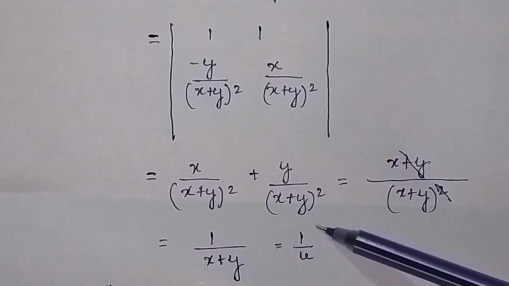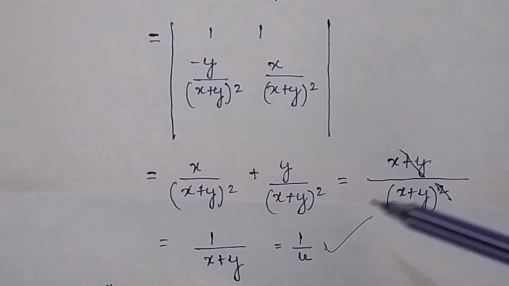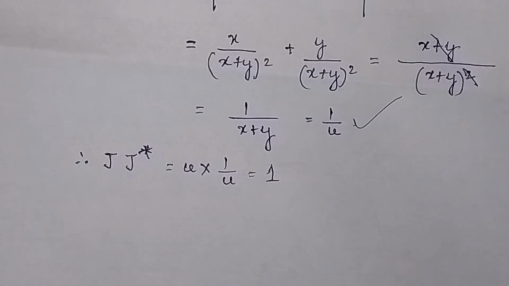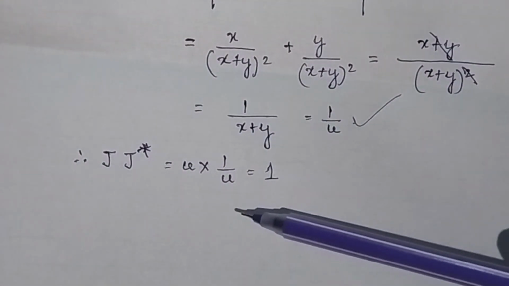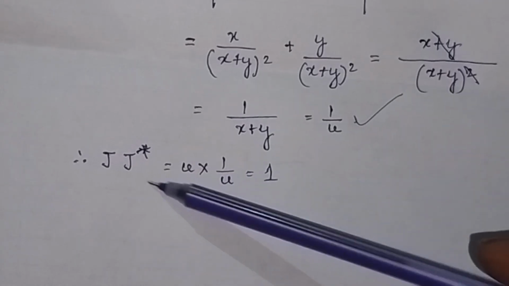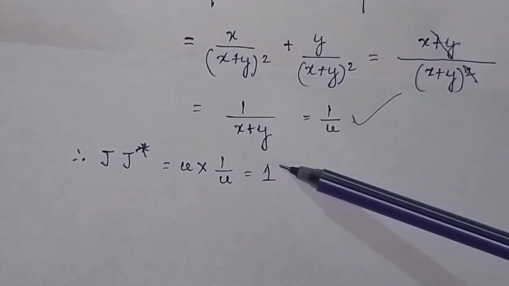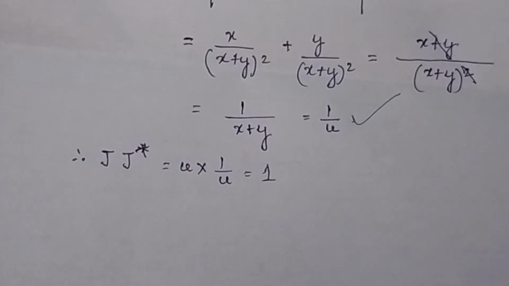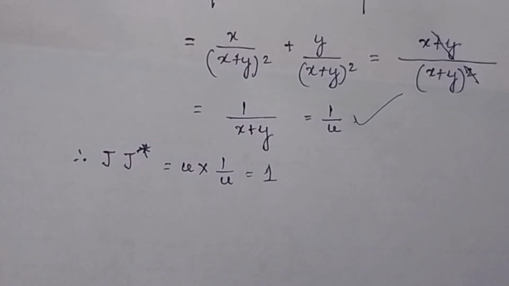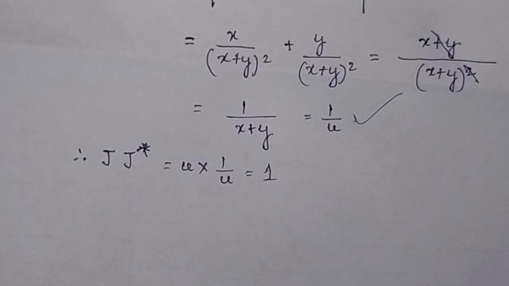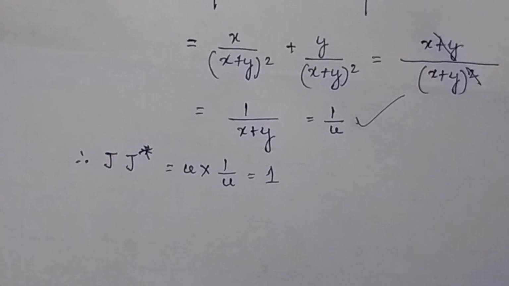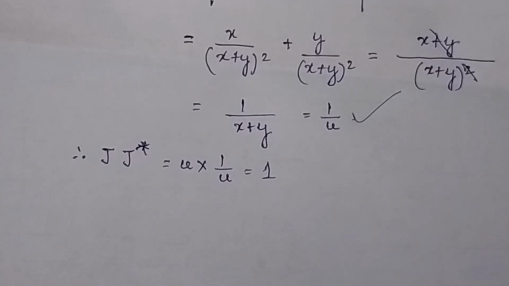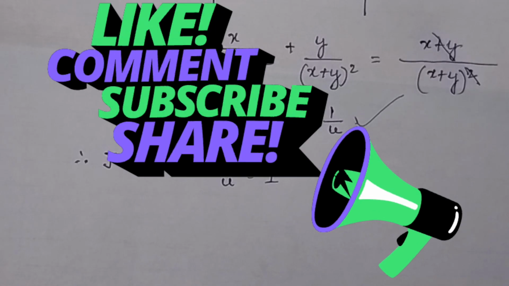We have found x plus y equal to u, and J equal to u, and J star equal to 1 by u, so the product J J star will be equal to 1. In this way you can prove that Jacobian J with J star is equal to 1, given that x equals u into 1 minus v and y equals u into v.